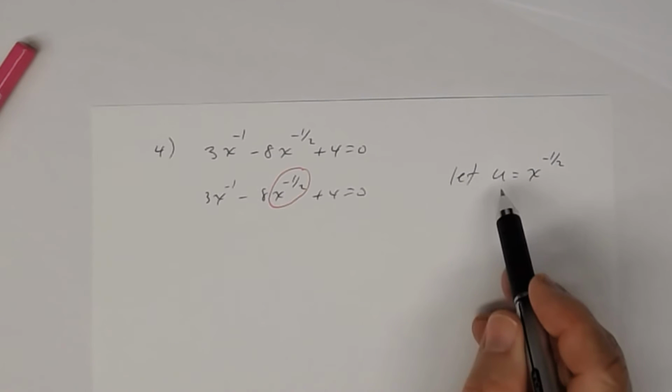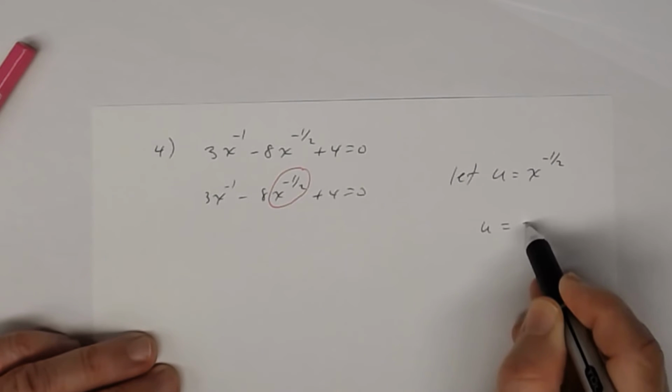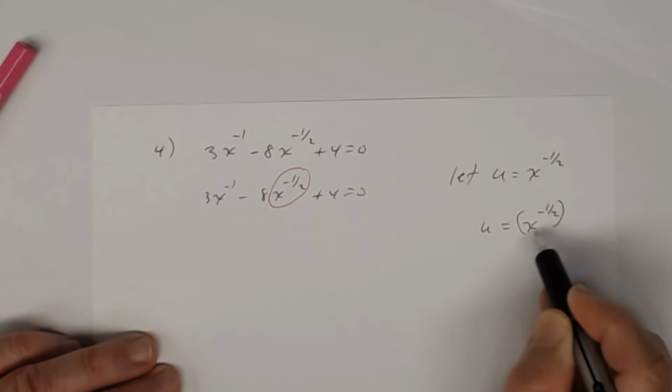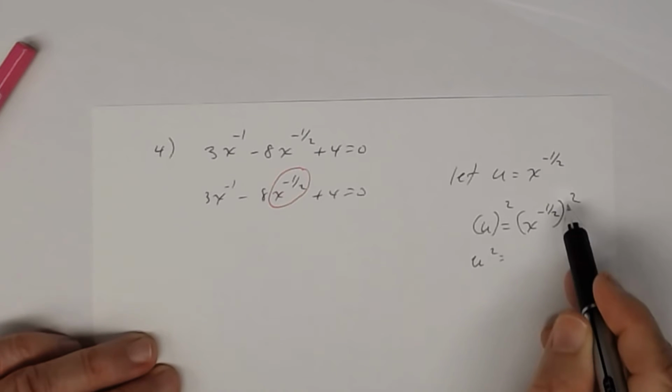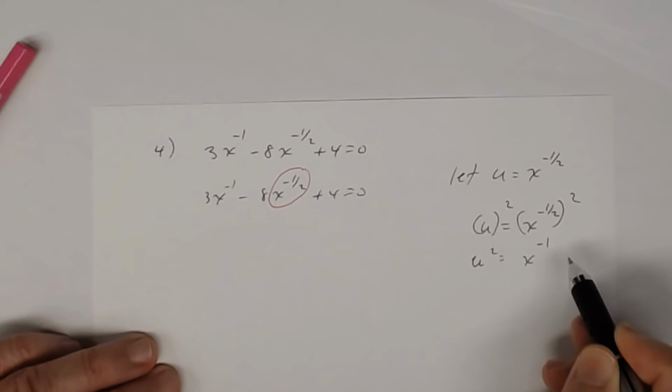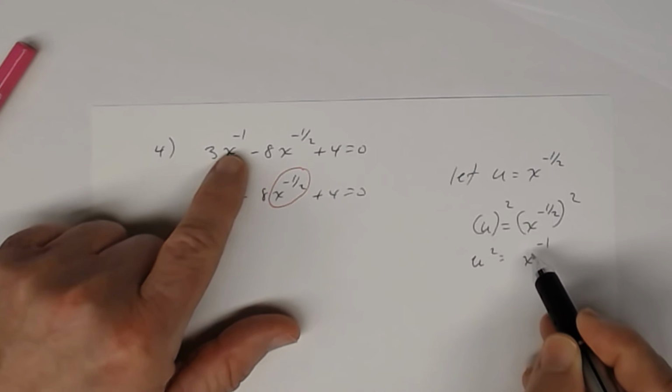Let's square both sides. When I square both sides, I get u squared equals x to the negative 1, because with a power to a power you multiply the exponents: negative 1/2 times 2 is negative 1.